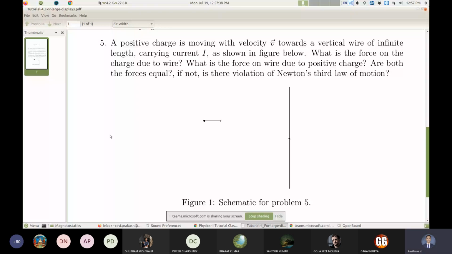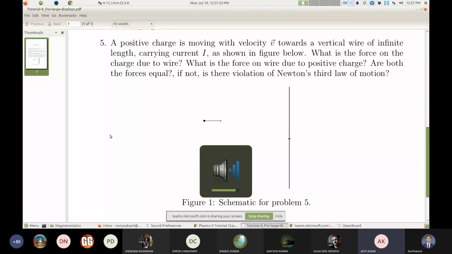Sir, if we consider the dl part of the wire and calculate force with that dl part, then both forces will be opposite in direction.